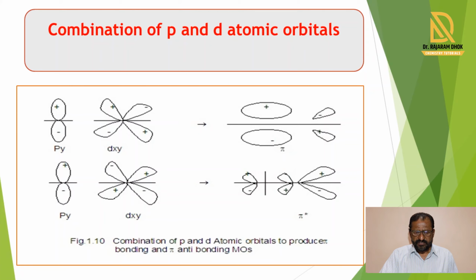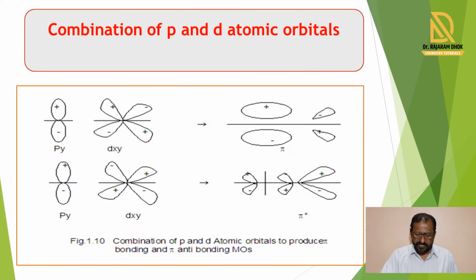And this position of lobes is also somewhat complicated, and such a molecular orbital is called an antibonding molecular orbital, and that is shown by the pi star. So in this way, the p and d atomic orbitals combine and form such types of pi bonds. Again, there are some other possibilities also present. You can see them in your homework.